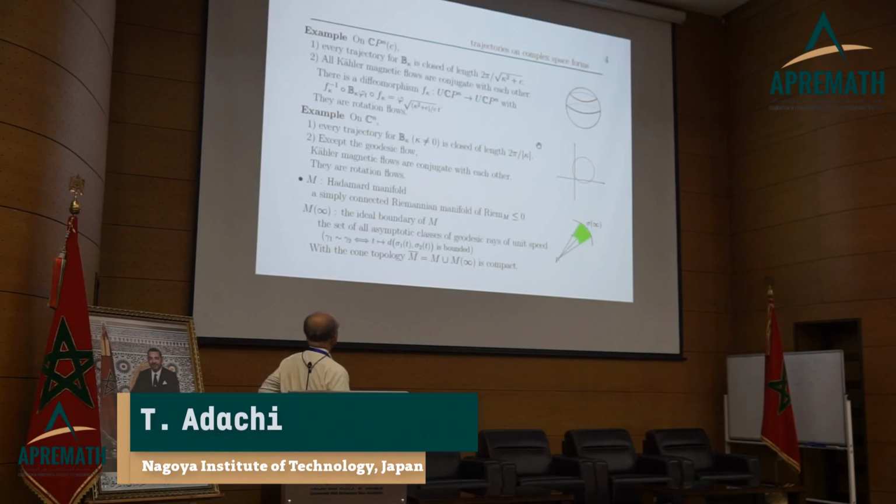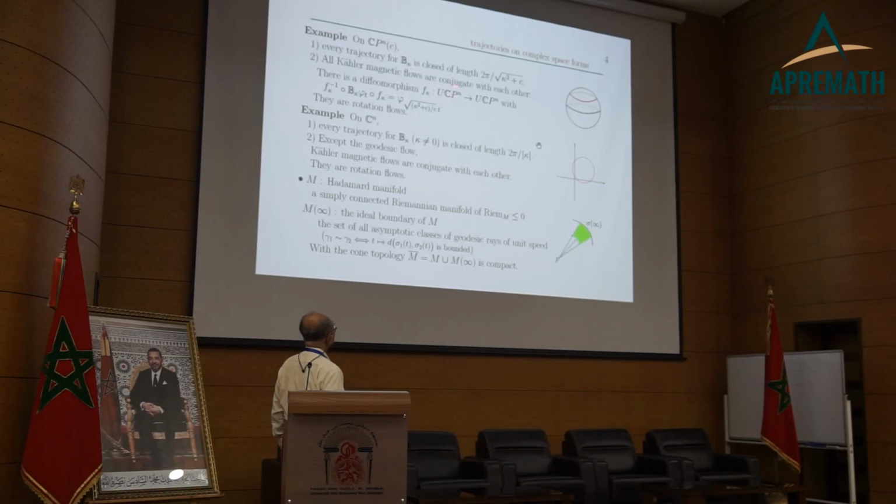This means that there is a diffeomorphism F_kappa on the unit tangent bundle satisfying this relation. So, changing the speed, this is a geodesic flow, so the magnetic flow is conjugate to the geodesic flow.